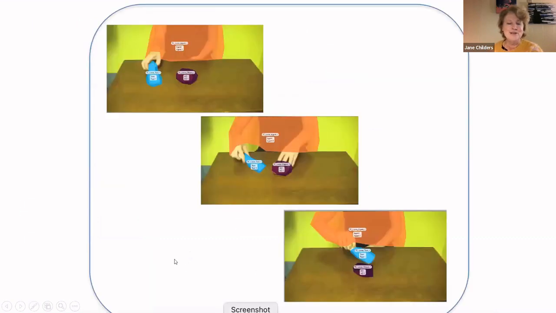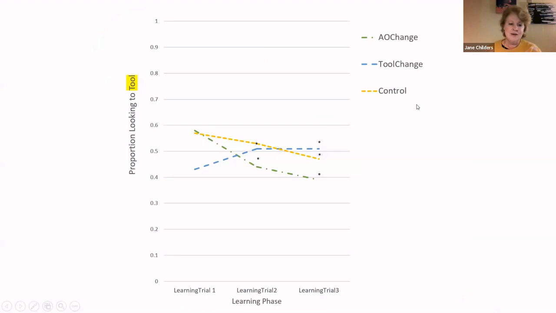So here's where we drew the AOIs and we added more separation between the different AOIs. But we drew the agent, the tool, and the affected object. And really, it's just we're going to look at change in tool and change in affected object. So here's what the looking looks like during learning.